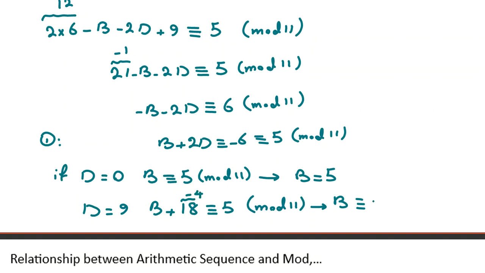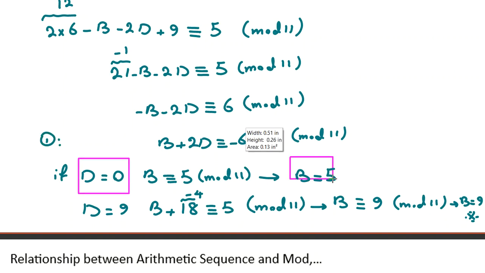So b is 4 plus 5, 9 mod 11. But here we have one problem because the problem says there are different digits. Here b is 9 mod 11, so b is 9, and that's a contradiction because d is also 9. So d is 0, b is 5.